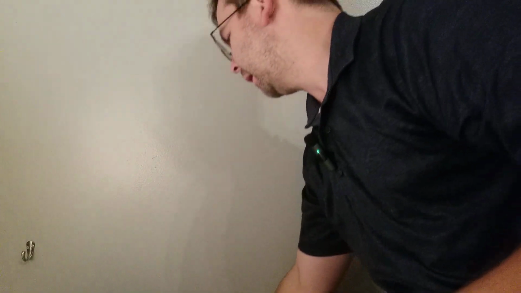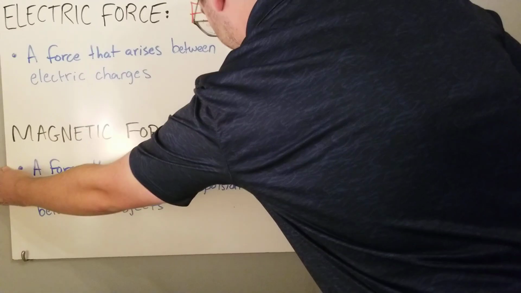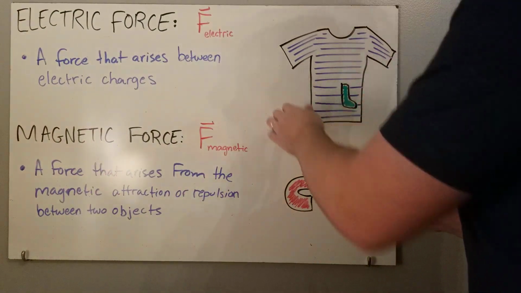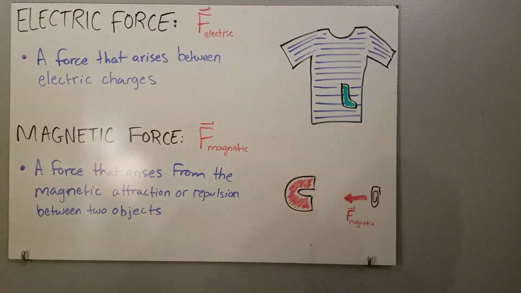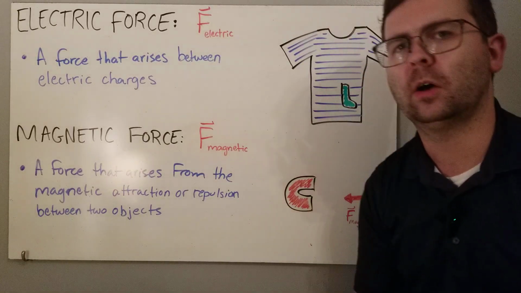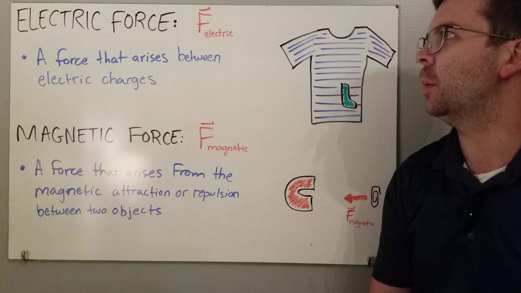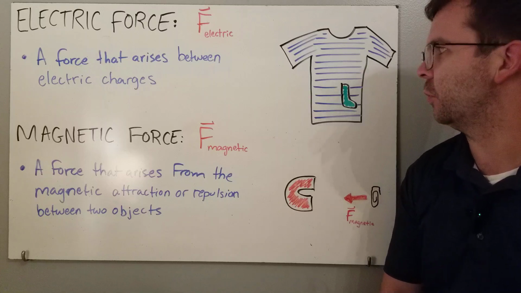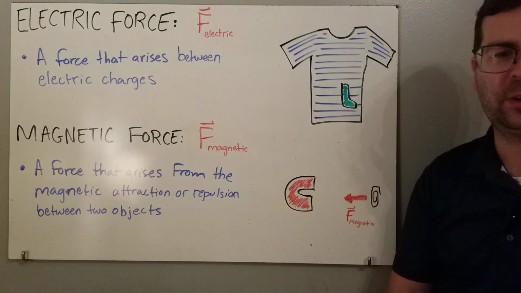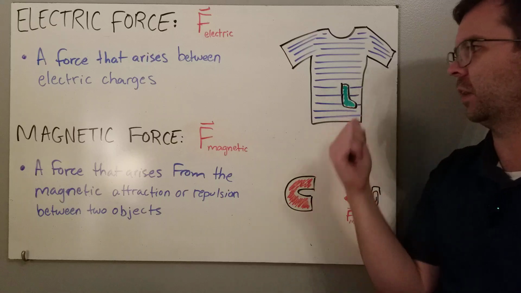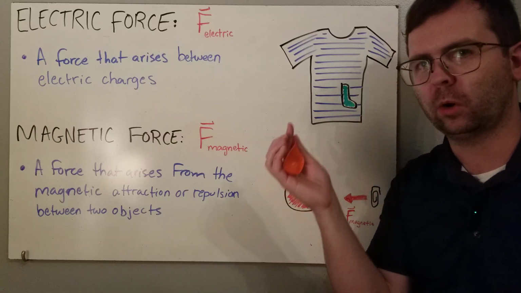Okay, and then two last forces I wanted to look at are the electric force and the magnetic force. An electric force is the force that exists between electric charges. There are electric charges in all kinds of different objects. A good example of this would be the static electricity that comes from the dryer, like a sock getting stuck to your shirt, or a balloon.